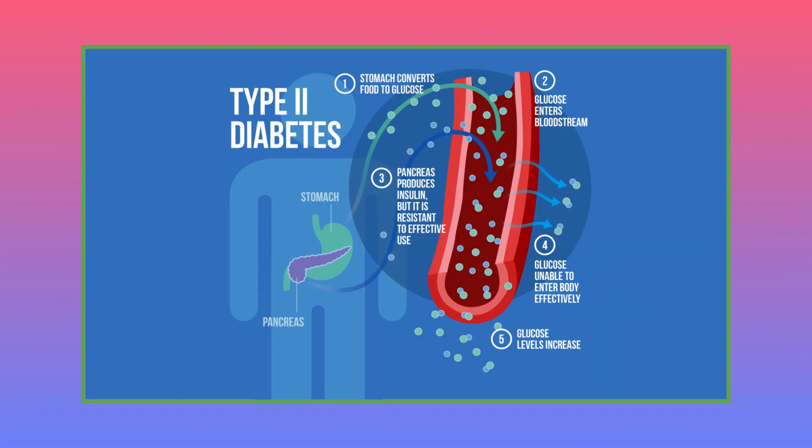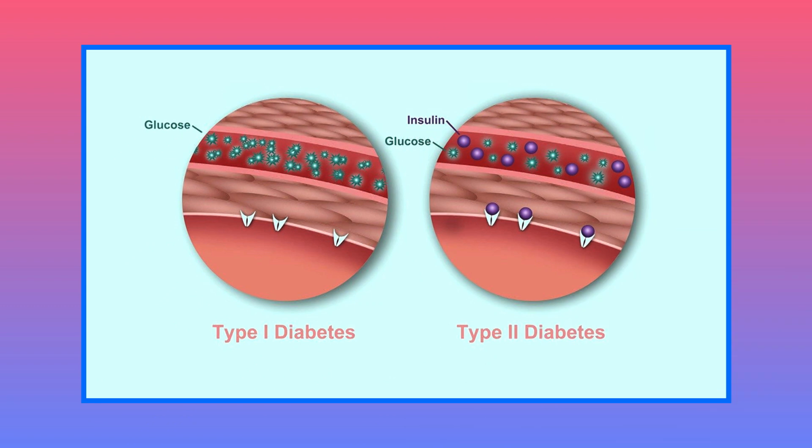In some conditions, the other cells of the body develop resistance to the intake of insulin. So unlike type 1 diabetes, in this condition, people of the family are at less risk of developing type 2 diabetes. It also depends on the environment they live in and the type of food they eat.